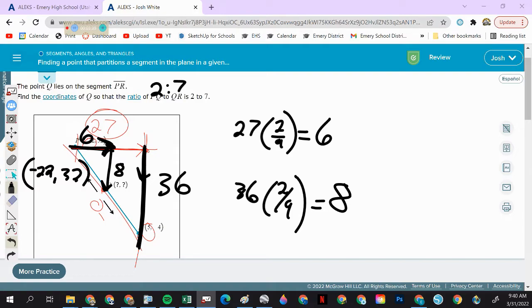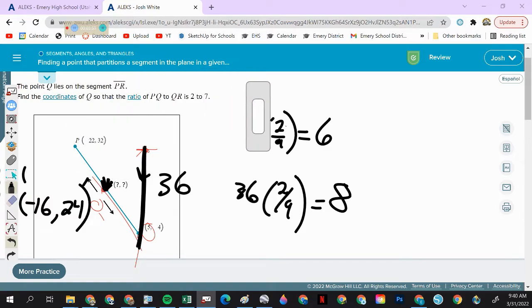Well, negative 22 plus 6 is going to be negative 16, and 32 minus 8 is going to be 24. So Q must be located at negative 16, 24. Okay, let's do another one.